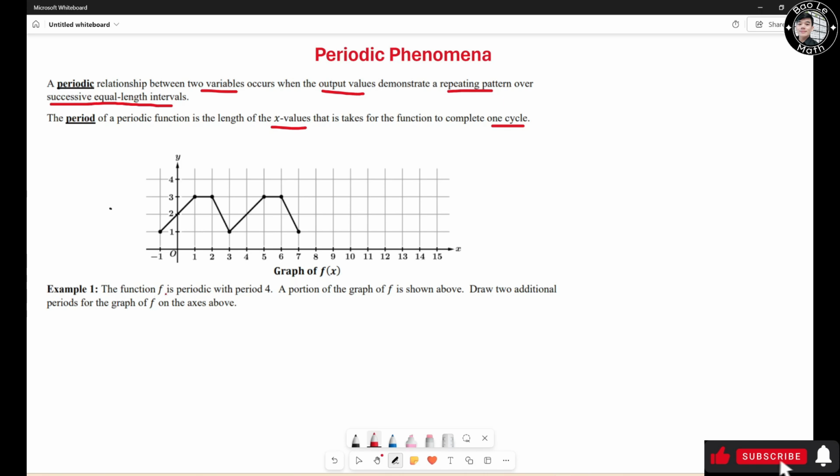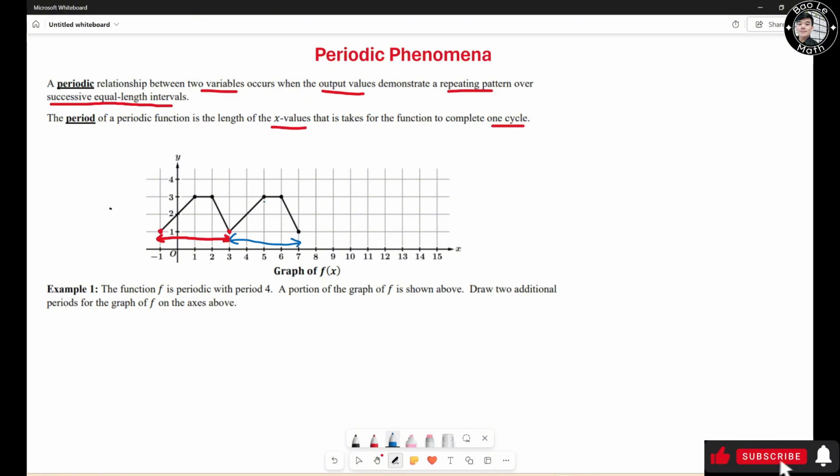The function f is periodic with period 4. Now we start from here and then you see that after 4 units the pattern is repeating, right? So from here to here it's going to be 4 units, and after 4 units the pattern is repeating.